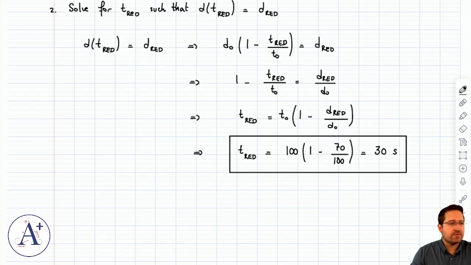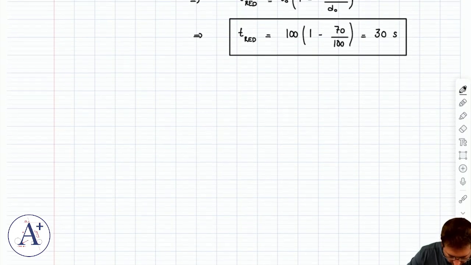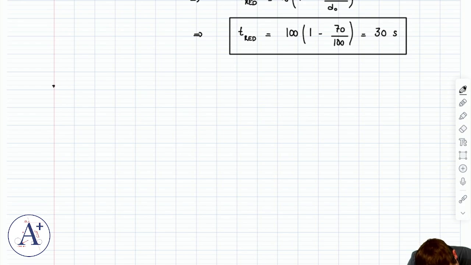Okay, and then the third question is kind of bonus, right? It says, at what time t blue does it look blue? By the way, the wavelength of blue is 400 nanometers. So I mean, we just do the same thing, don't we? For blue light, what's the difference?